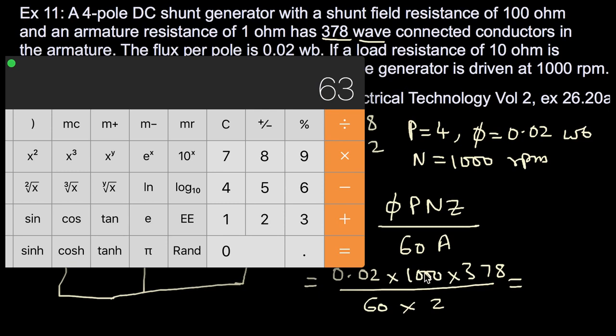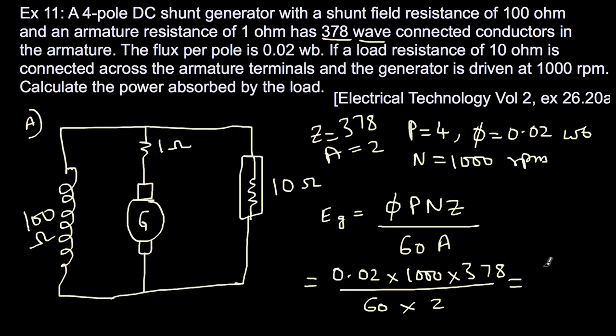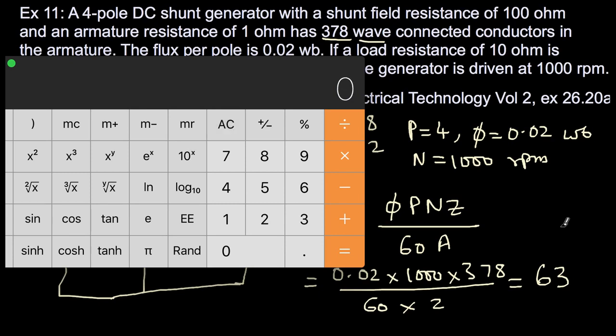I'm getting something like 63. 63 seems to be quite a small number, so let me once again check the calculation. 0.02 multiplied by 1000 multiplied by 378 divided by 60 divided by 2. Overall it is coming to 63 volts.